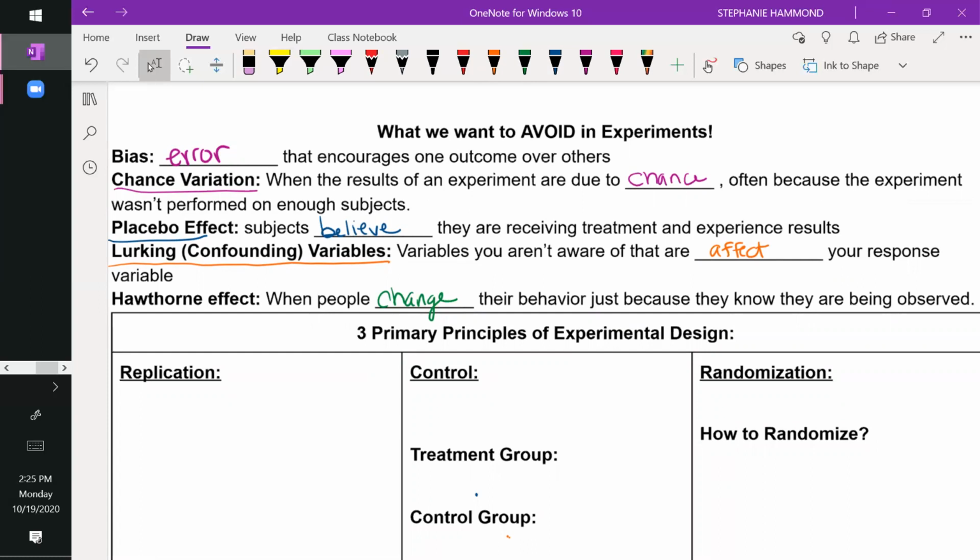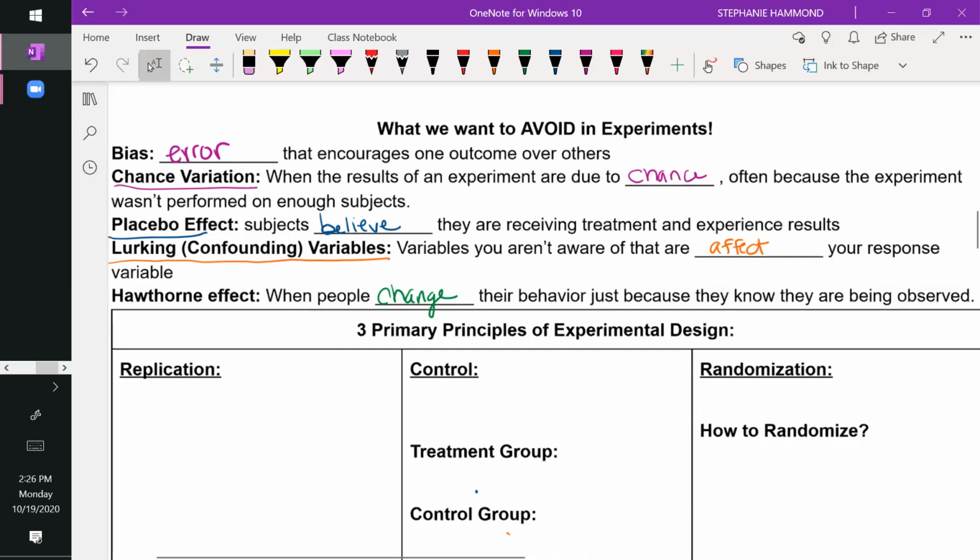When you're in your bedroom and you're talking to your friends on your cell phone and you're doing whatever you do, maybe playing games on your Xbox, and then your mom walks in, you're probably going to act a little bit different because you're being observed. The same thing happens in experiments. Oftentimes, if somebody knows that they're being observed, their behavior will be slightly different than it would be if they weren't being observed. That's the Hawthorne effect.